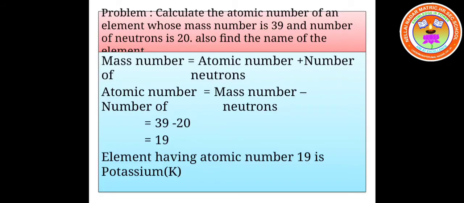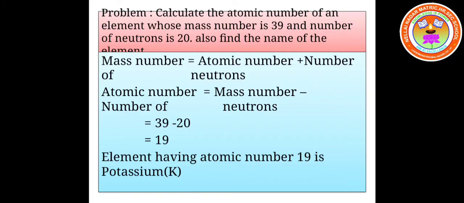What is mass number? Mass number corresponds to the number of protons and the number of neutrons. The number of protons is nothing but the atomic number of that element. So mass number is known. The number of neutrons are also known. So from these two known quantities we can find out the unknown quantity, atomic number.